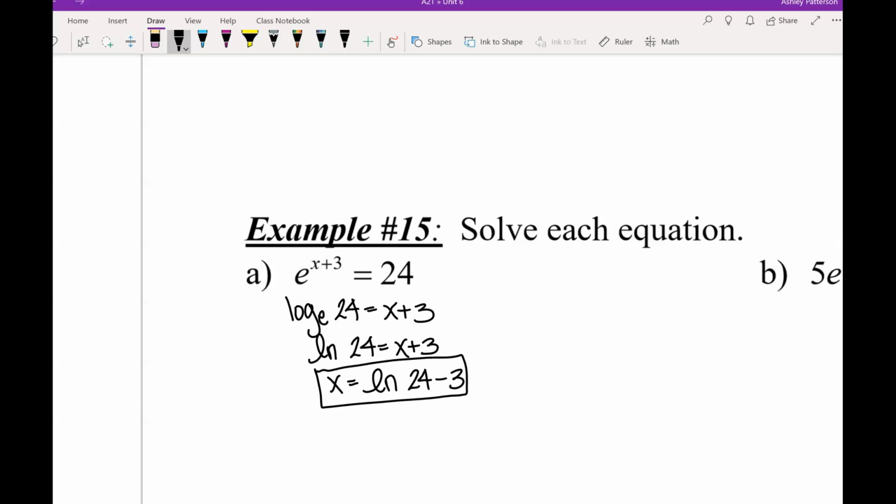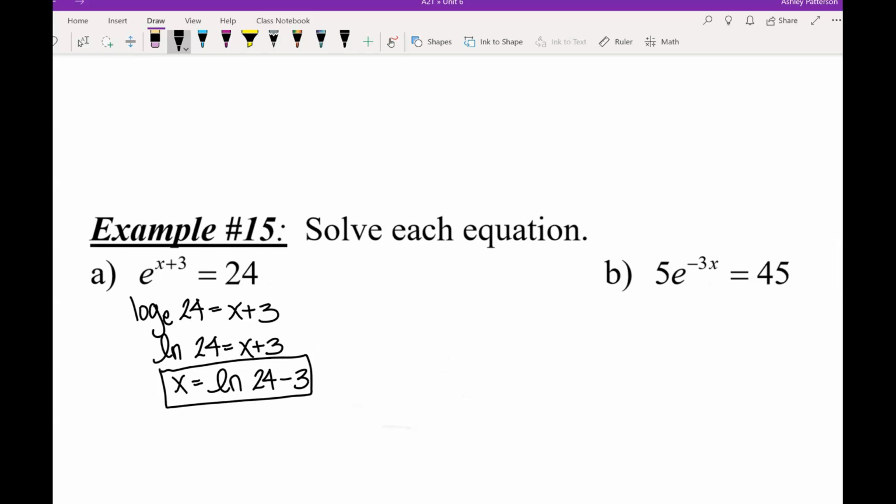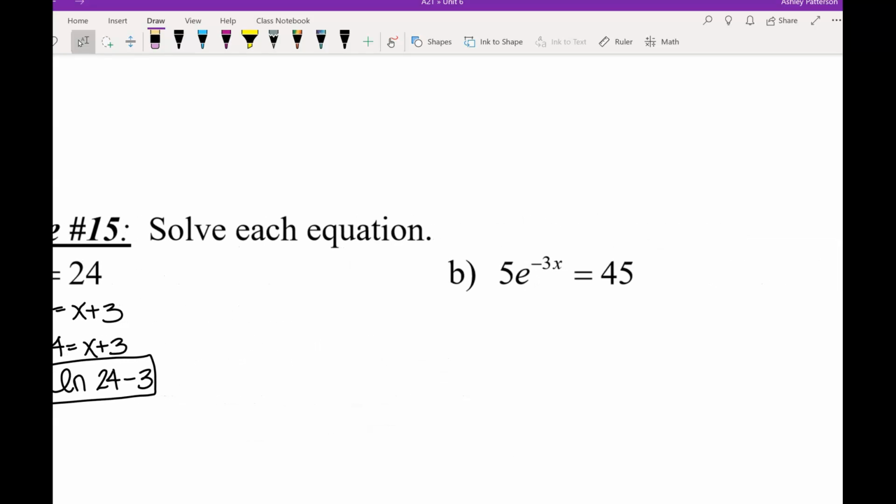Notice I said at the beginning that it was isolated. If we look at b, this exponential term is not isolated. You always have to isolate the exponential term before you solve for the exponent. So dividing both sides by 5, we get e to the negative 3x is equal to 9.